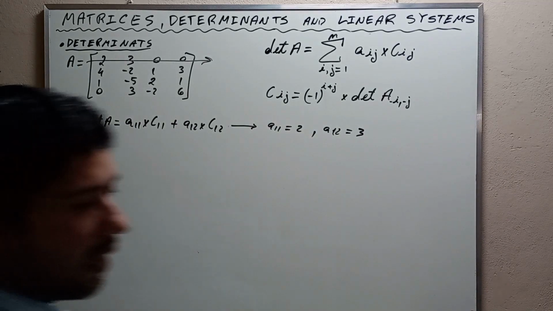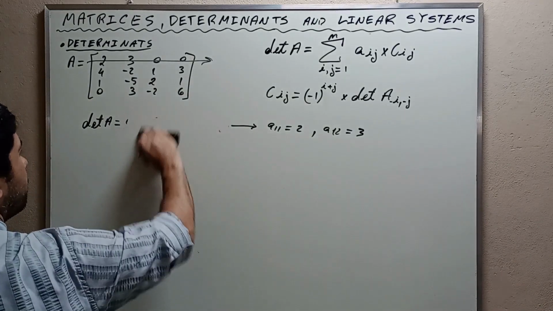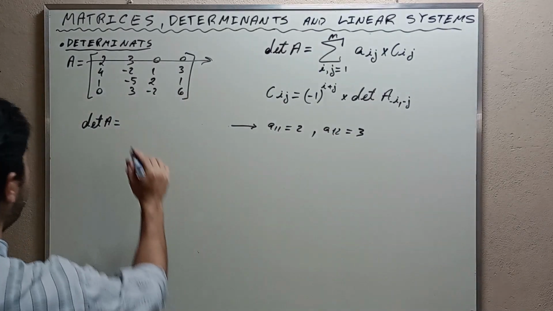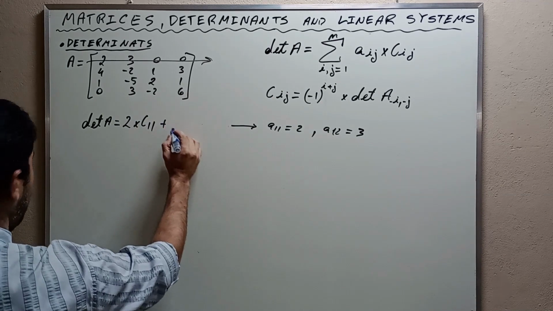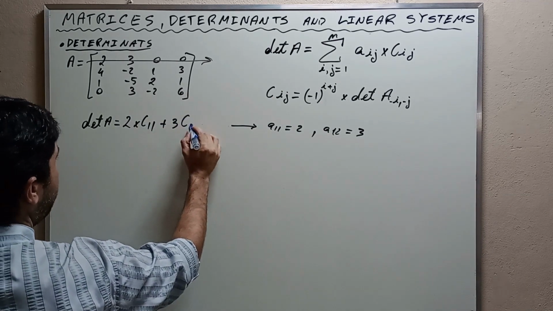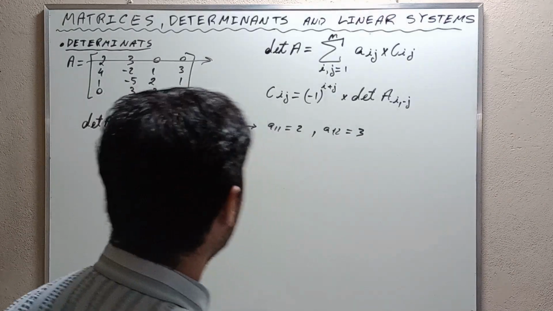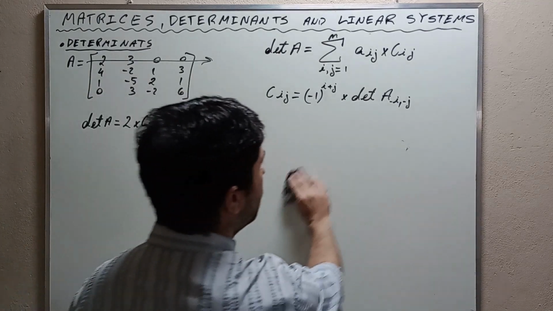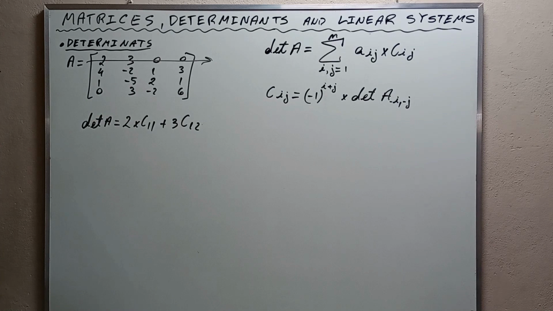In this way, our determinant is going to be 2 times cofactor C11 plus 3 times cofactor C12. Okay? Very simple. Just use the algorithm. It requires a little bit of training, but it is possible.